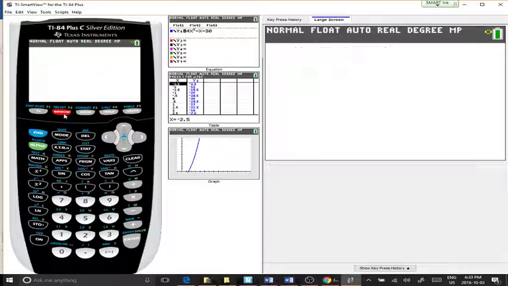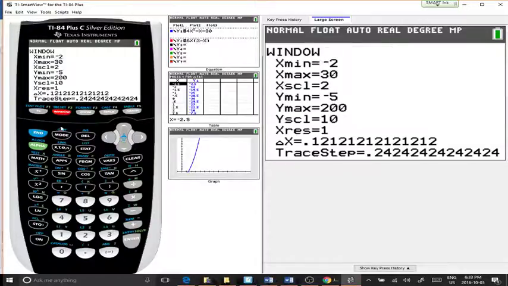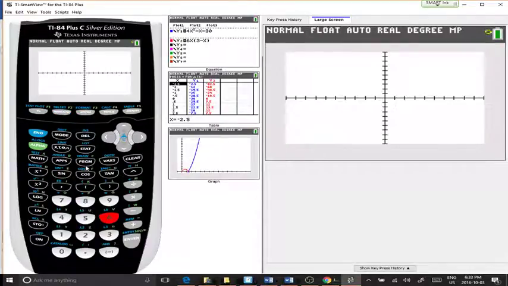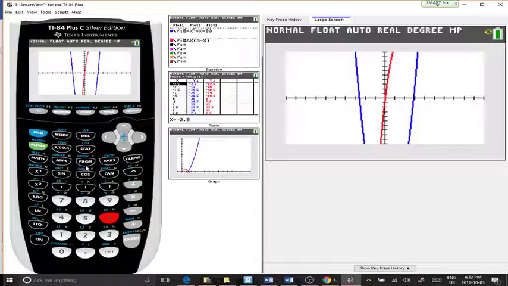Now, for our window here, we should probably go for the standard. To do that quickly, I can just go Zoom 6, negative 10 to 10, negative 10 to 10. But when I do that, I see this. That tells me a few things.